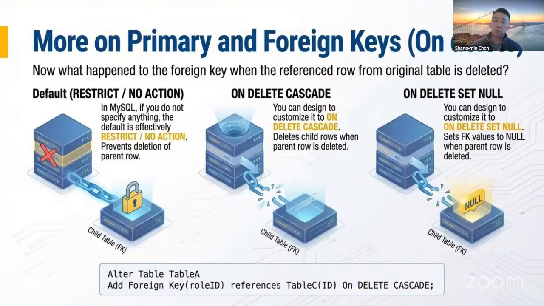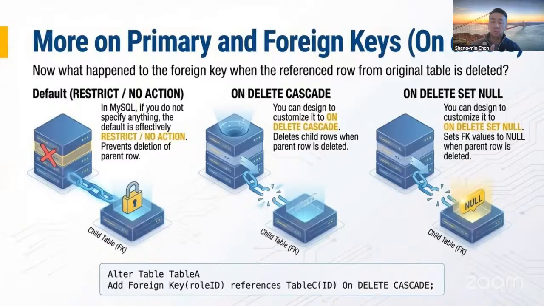However, there are two possible customizations you can make to tell the database, should you, the owner of this database or table, want it to behave differently from the default.